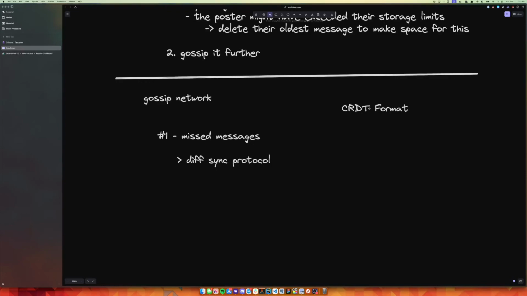But importantly, Hubble, not a hub, but Hubble, which is the hub implementation that currently exists, uses RocksDB for storage. Now, RocksDB is good.